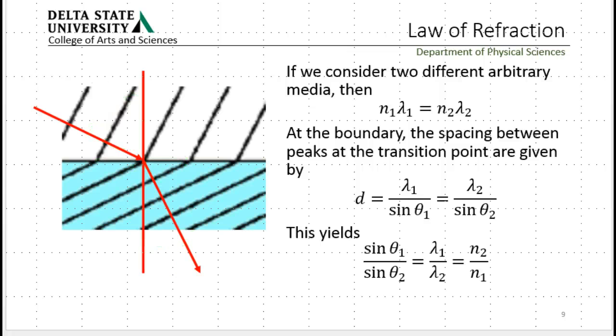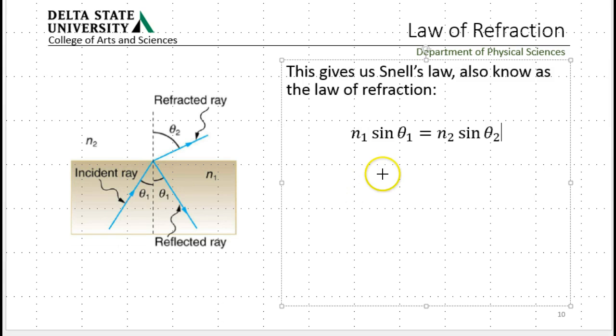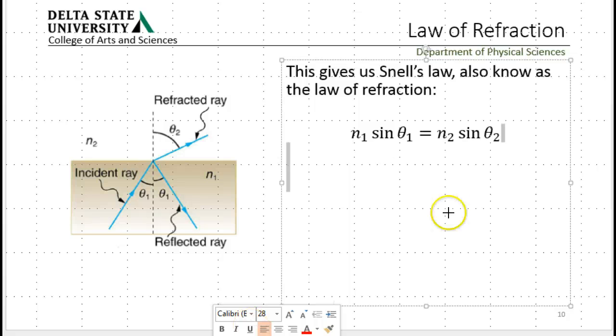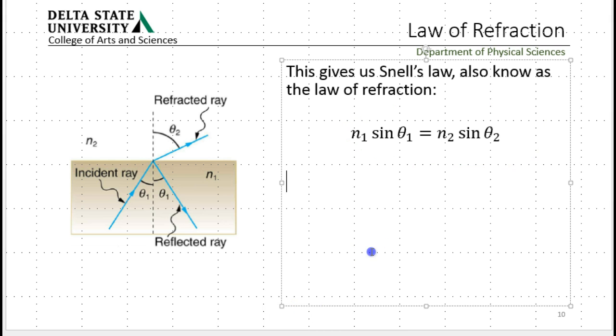We'll do a little bit more arithmetic, and we get to what's known as Snell's law, or the law of refraction, which is simply this: n1 sine theta 1 equals n2 sine theta 2. Right? What does that mean? n1 times the sine of this angle equals n2 times the sine of that angle.